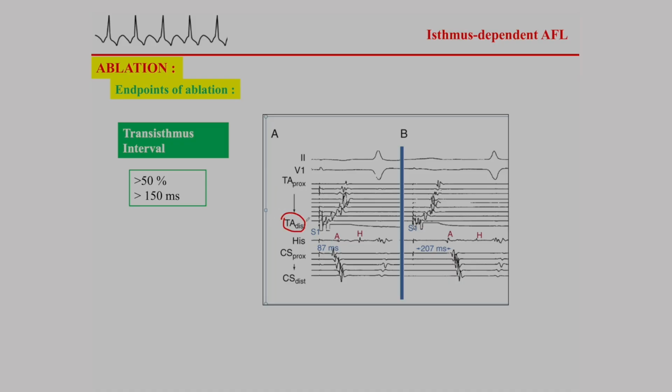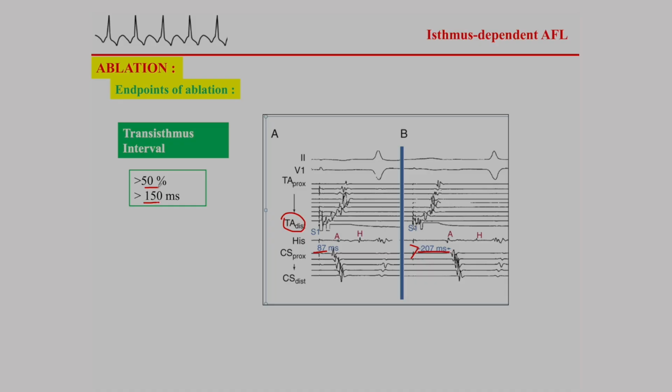Here is the second example of pacing from the lateral wall, the distal part of the halo catheter. As you see, before the block happens in the CTI, we have a short trans-isthmus interval, and just after we achieve a counterclockwise block here, we have a prolongation of more than 150 milliseconds, or this interval must be prolonged by at least more than 50%.